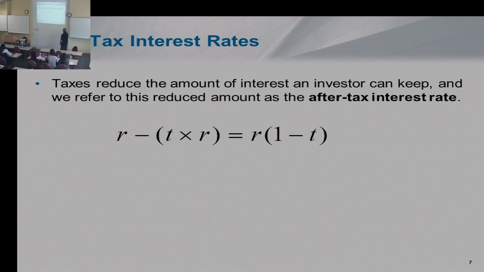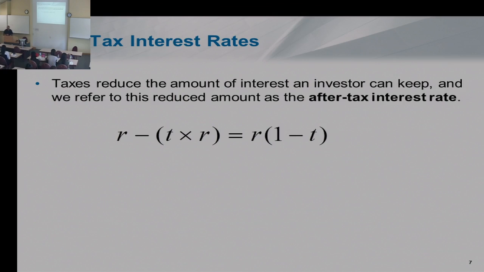If T is the tax rate, 30%, and R is 10%, you invest at 10%, but you've got to pay 30% taxes, then your after-tax rate is only 70% of that, 7%. Same way if you're borrowing at 10%, but you're paying a 30% tax rate, then your after-tax cost of debt is also only 7%. So, we just need to be aware of that.